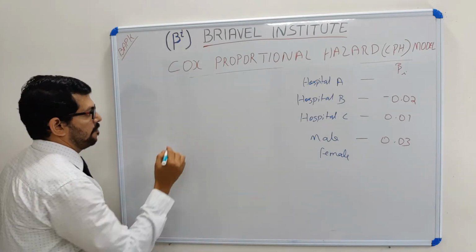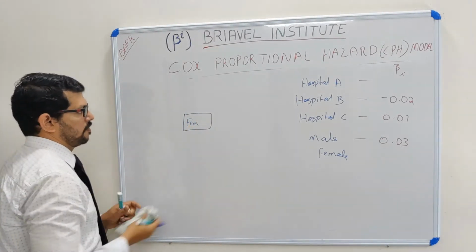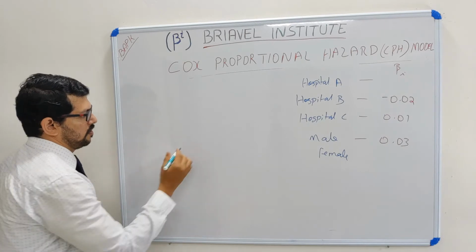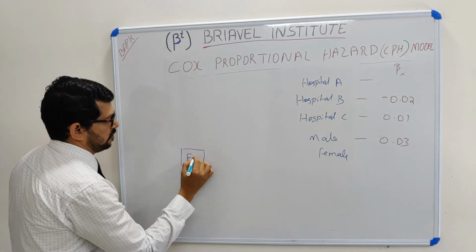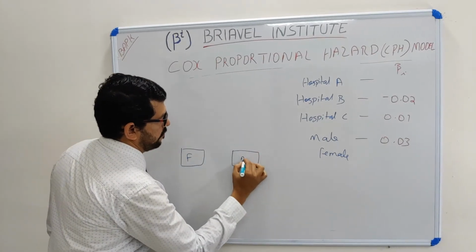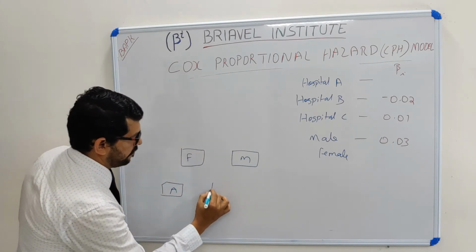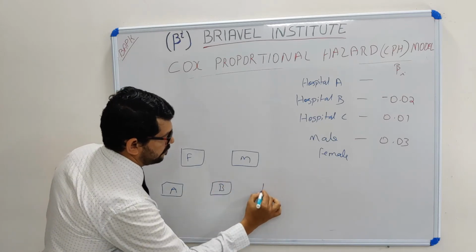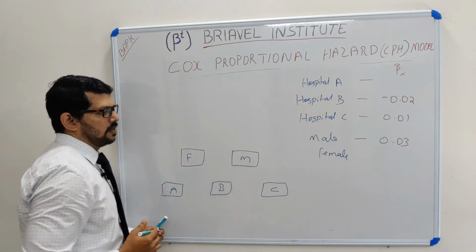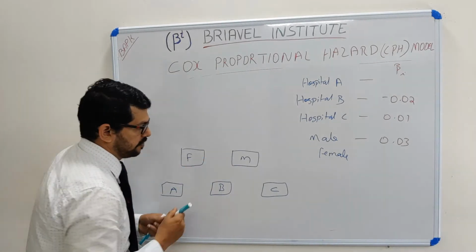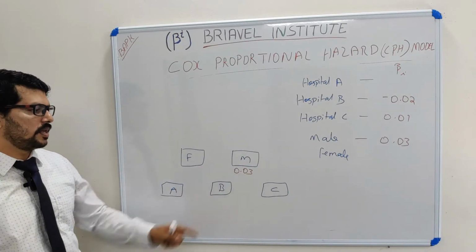How to substitute? I will make one drawing. This is female, this is male, and here are the 3 hospitals A, B and C. For male they gave the regression value 0.03.